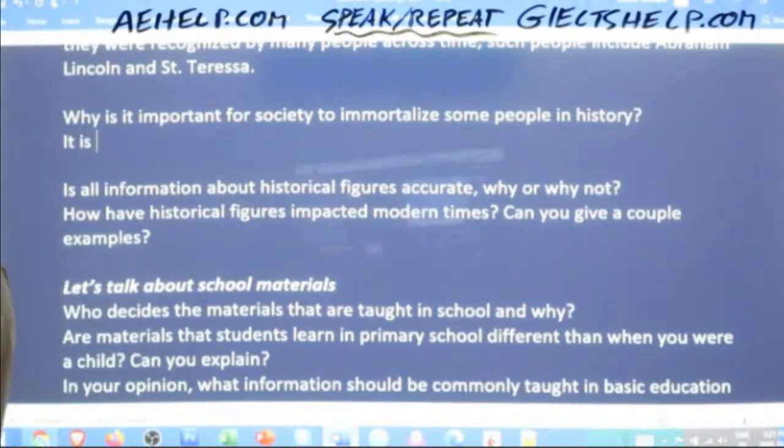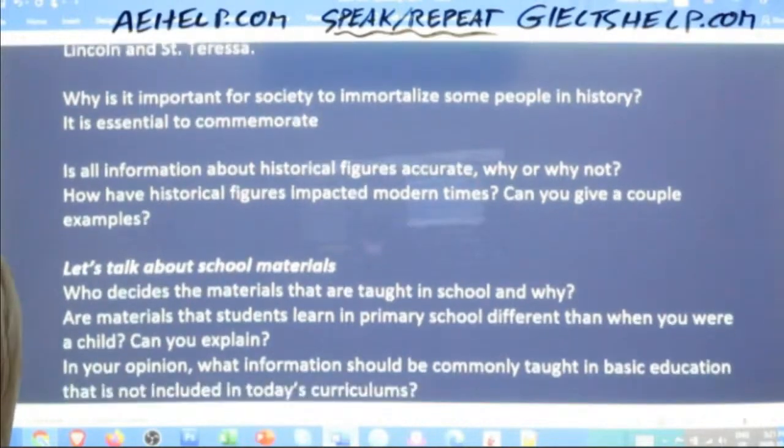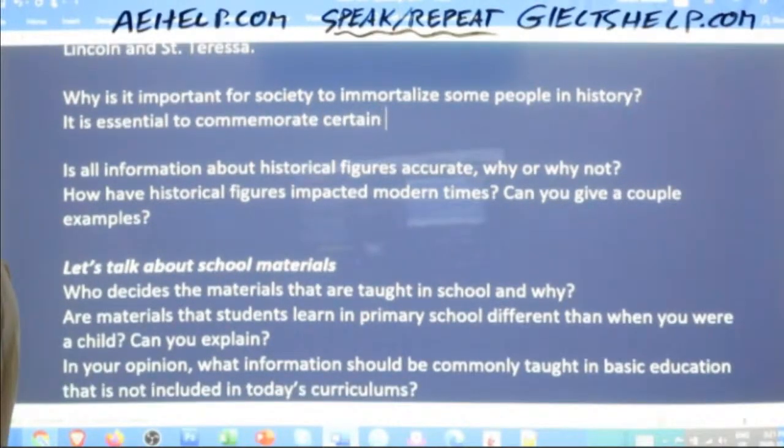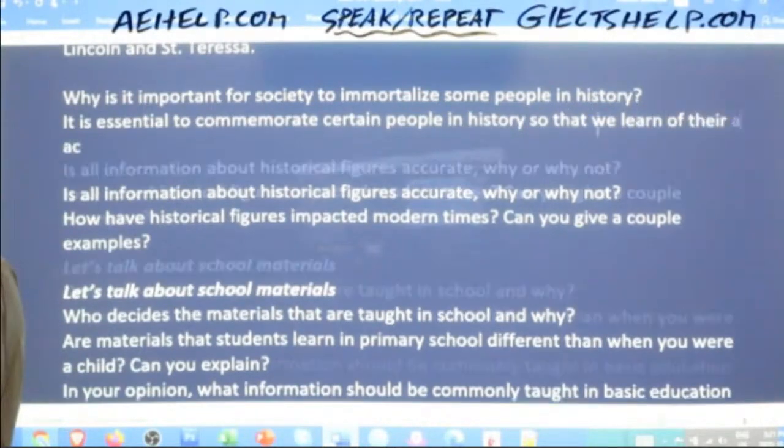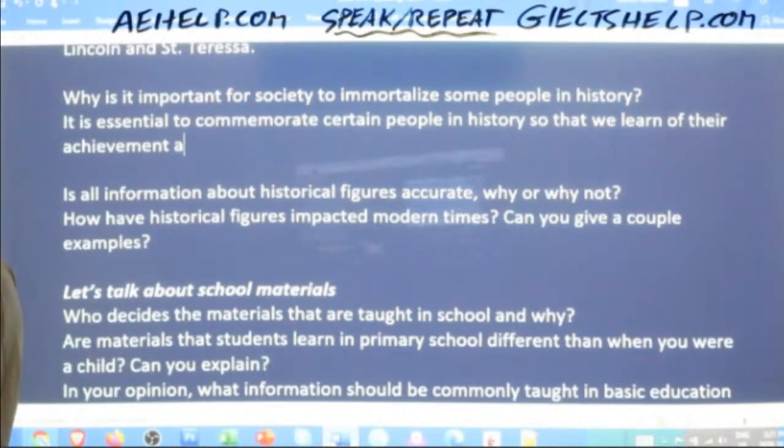So it is essential to commemorate certain people in history so that we learn of their achievements and adopt a moral compass for humanity.